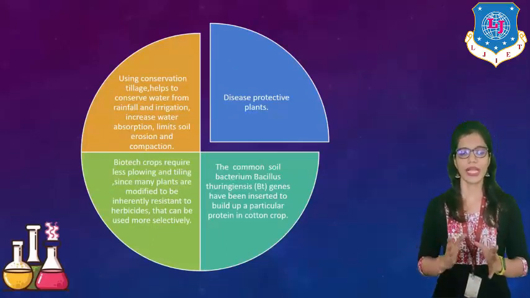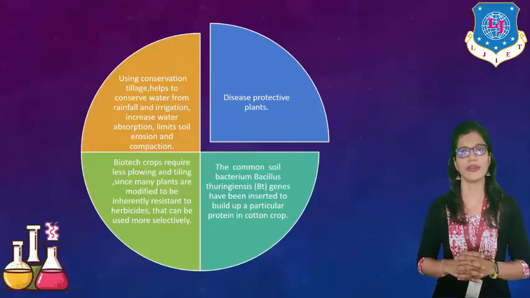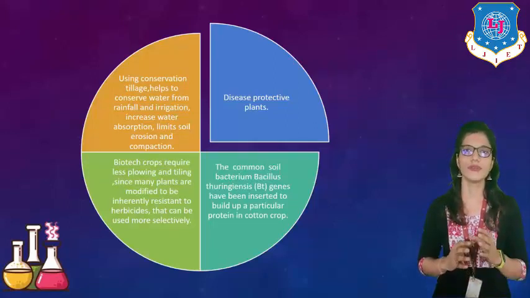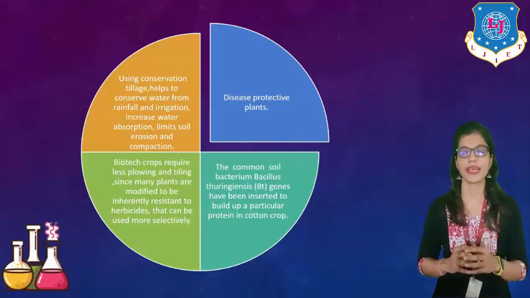The next example that we can take here is disease protective plants. Till now, what we do in agriculture is add certain kinds of medicines or pesticides after the plant has been grown.